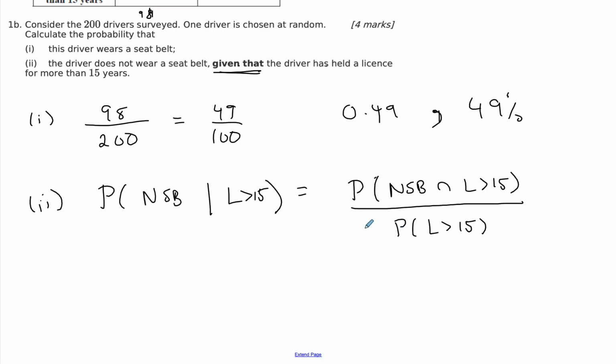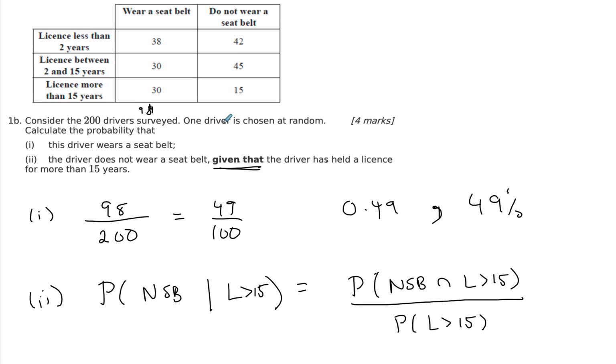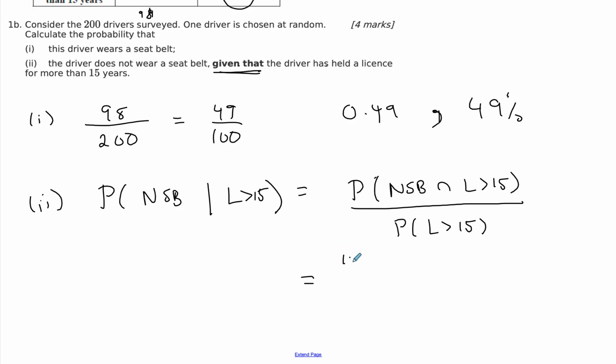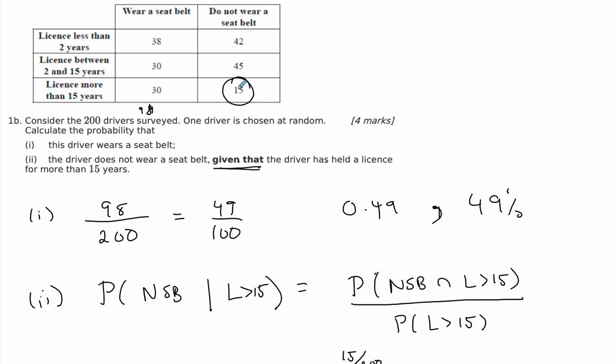The probability of getting no seatbelt and having a license of more than 15 years is this value. So it's 15 out of the 200. That's the probability of the first one, no seatbelt and license more than 15.